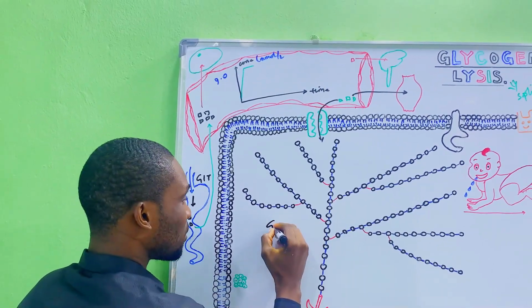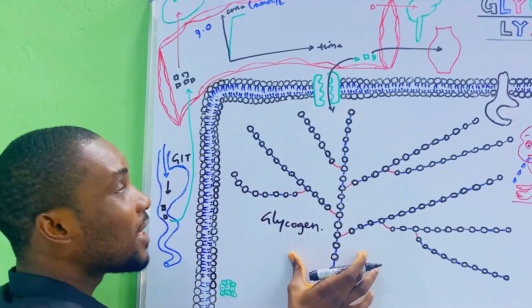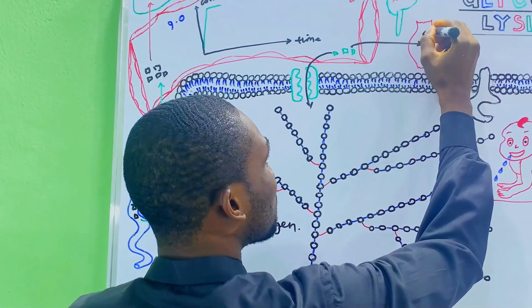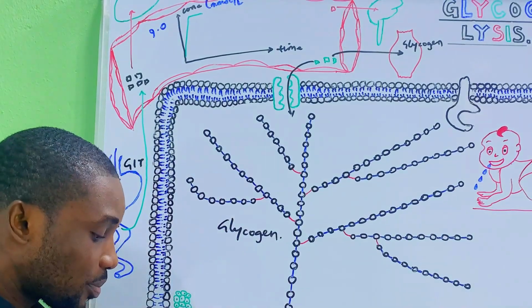So let's say this is our glycogen, formed by the liver and the muscle from glucose, right?